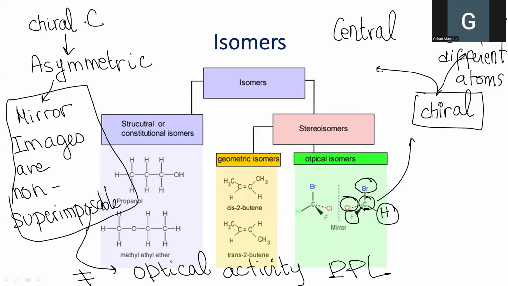So again, if you have a chiral carbon atom, with all the definition of the chiral carbon atom, central, bonded to 4 different atoms or groups of atoms, then you will have an asymmetric molecule. And if you have an asymmetric molecule, then the mirror images are non-superimposable. What's the importance of that?